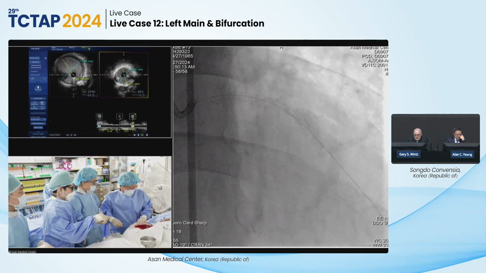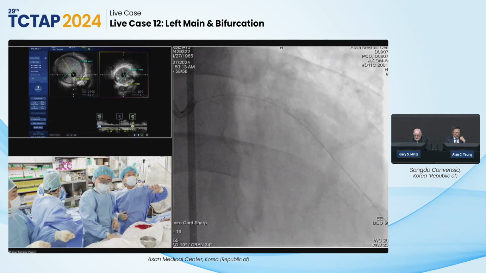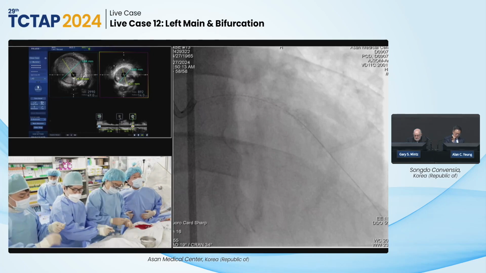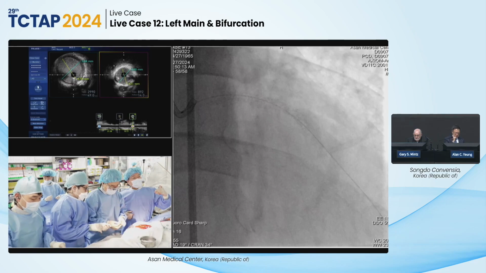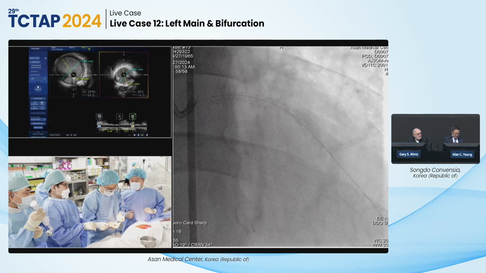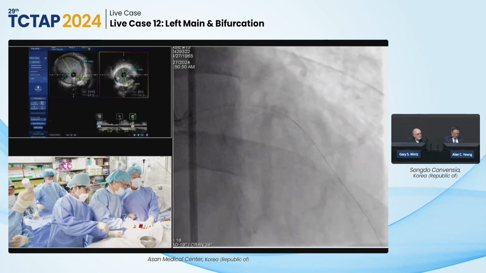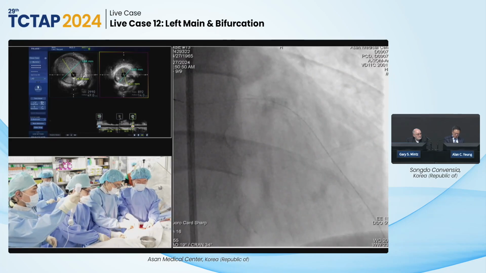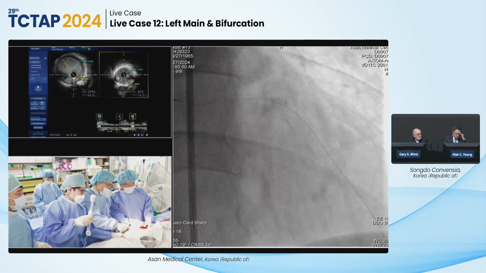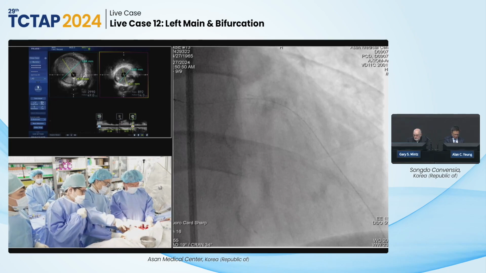Anyway, there is a big size discrepancy between the distal part of 3.0 and the main part, which is at least more than 4.5, so you're going to do high pressure inflation for the distal part first, and then use a bigger 3.5 balloon. So this is 3.0 first, for the distal part. And as you mentioned, Gary, we would like to avoid damage to the myocardial bridging zone.